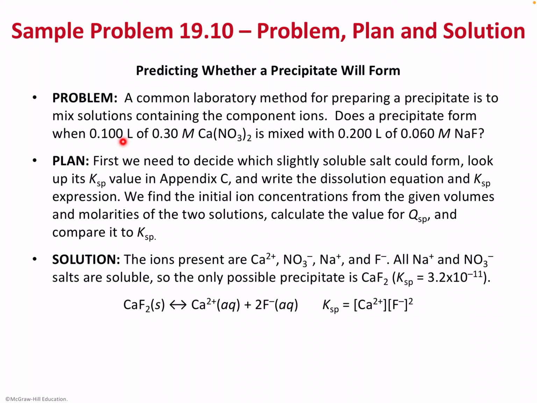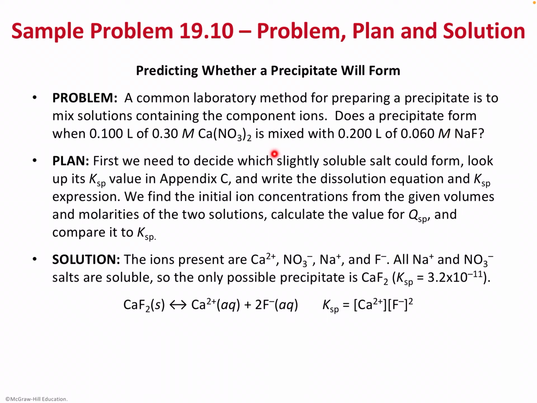We are given the volume and the molarity of calcium nitrate, and the volume and molarity of sodium fluoride. First, we need to decide which slightly soluble salt could form by adding these two together.